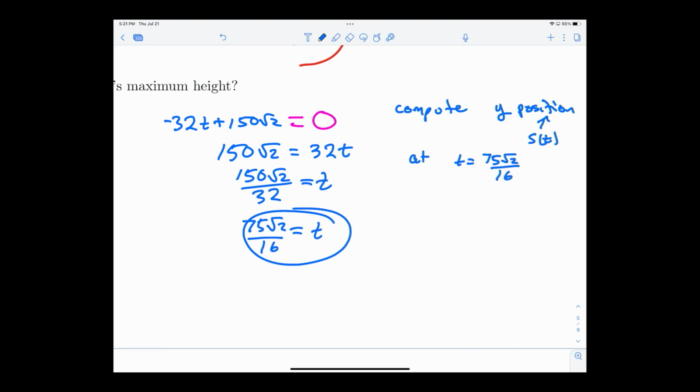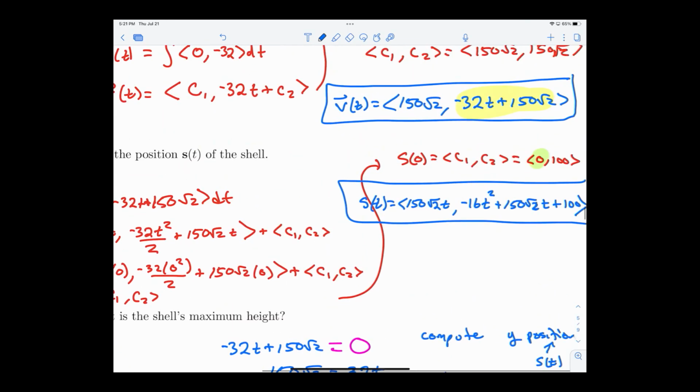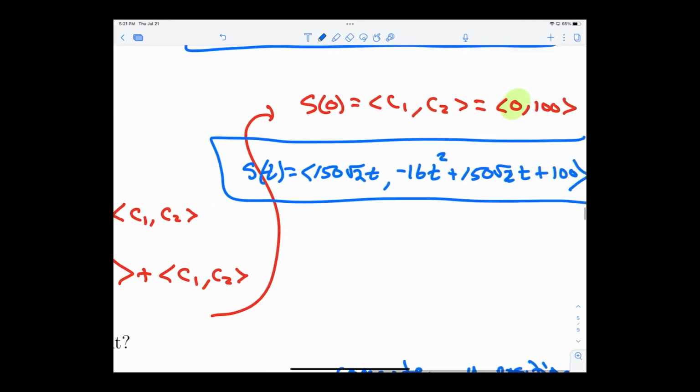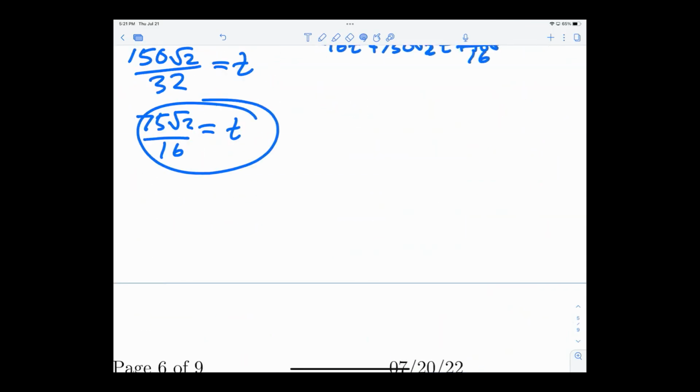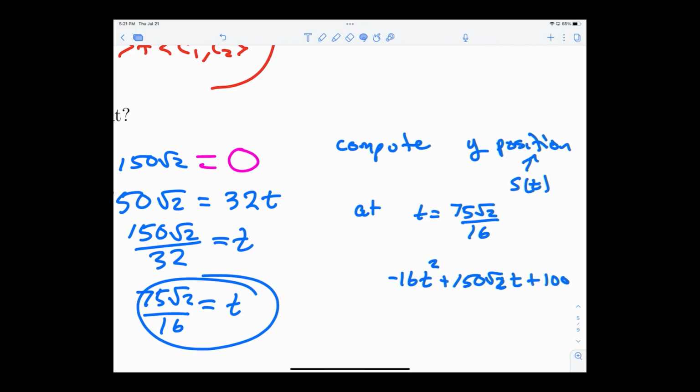So that's what you have to do. Here's the y component of the position equation. I'll duplicate it. So we have to take this, this is s of t.